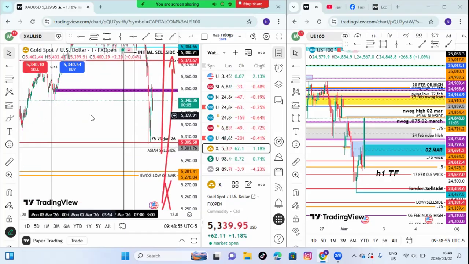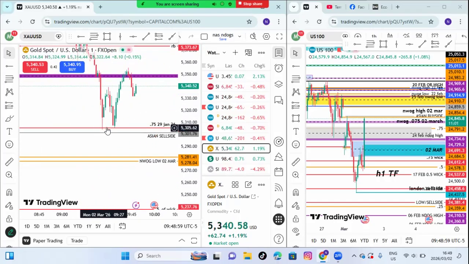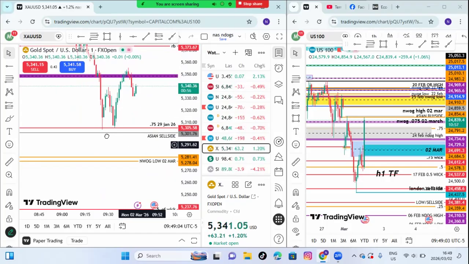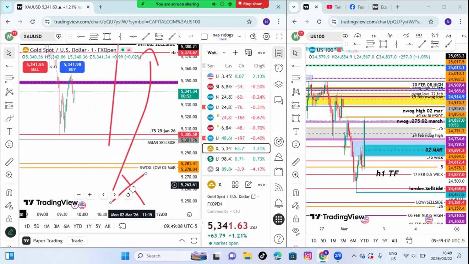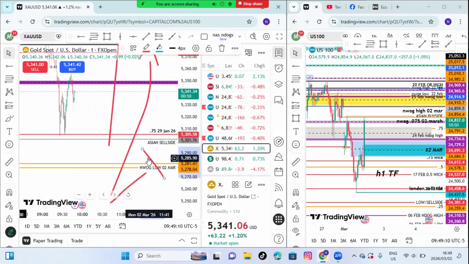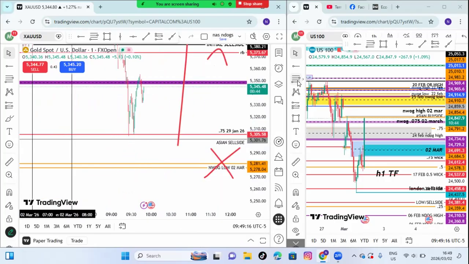So we are more likely to come down and take it. Then we'll see a nice buying chance around the levels, right? Around the levels I've just shown you.